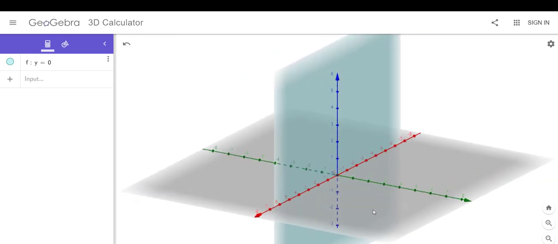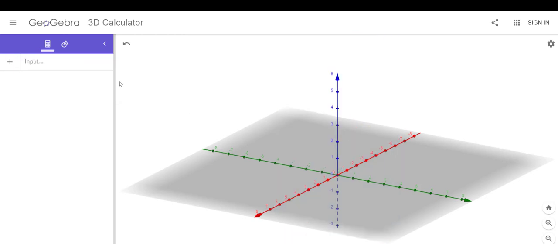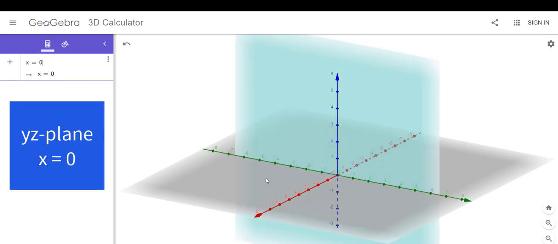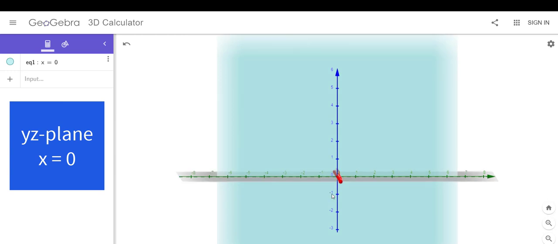The x, z-axis is on it, the y values are 0 there. And the YZ plane, you want to guess? Well, that's right, that's where all the x's are 0. That would be kind of like the front of the room or the board I'm drawing on, and the x-axis comes shooting out at me.